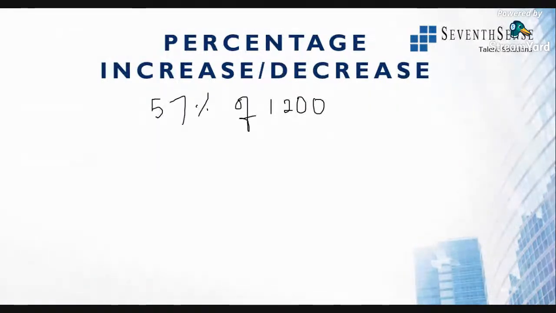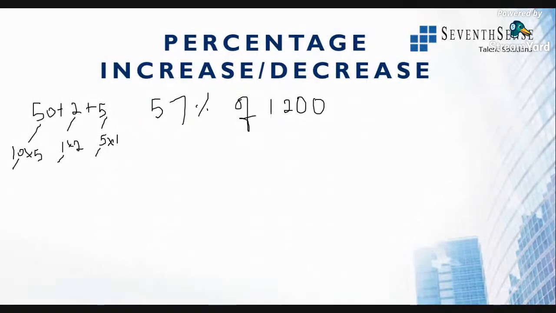Now 57 can be written in two ways. 57 can be written as 50 plus 5 plus 2, so this is 10 into 5, 5 into 1 time, and 1 into 2. So 10%, 5% and 1%.